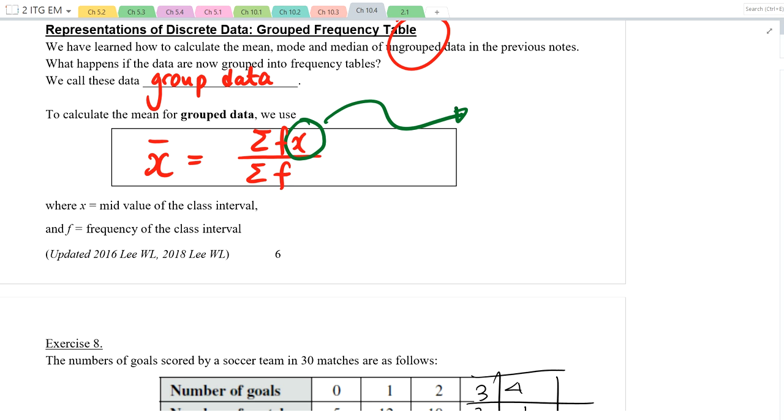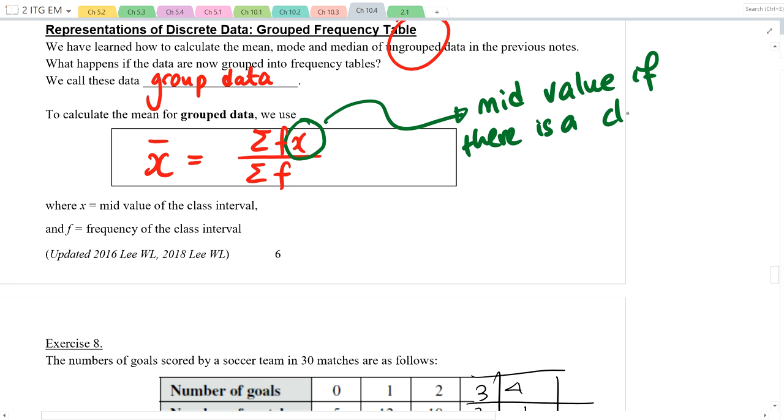Now in this case, if I group everything together, do I have the exact data values? I'm not going to have the data values anymore. So what exactly is x going to be? This is what you need to copy down. This is the mean value, if there is a class interval.